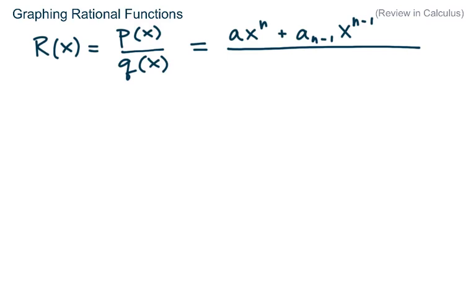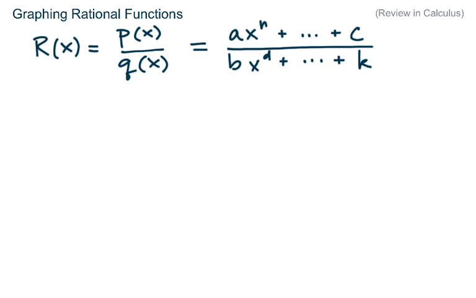And of course, we don't want to have to write all of that, so we're going to abbreviate our definition and just say we have all of these terms that add up down to a constant term. And the polynomial in the denominator would look something very similar. I'm just going to use some different values for my constants, okay?